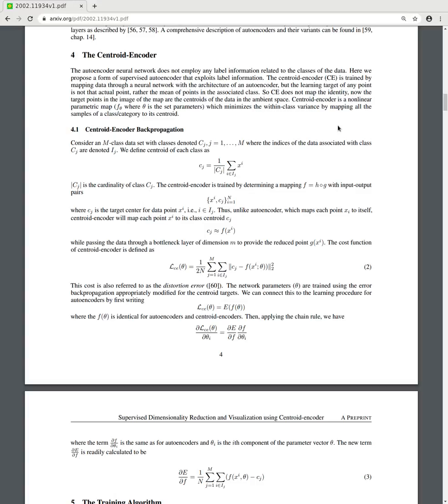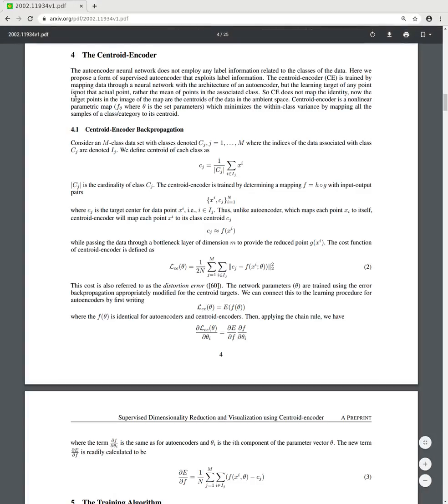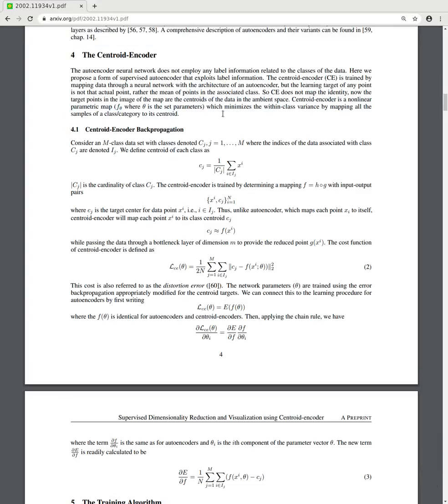So the Centroid-encoder does not map the identity; the target points in the image of the map are the centroids of the data in the ambient space. And the Centroid-encoder is a nonlinear parametric map, which minimizes within-class variance by mapping all the samples of a class category to its centroid.